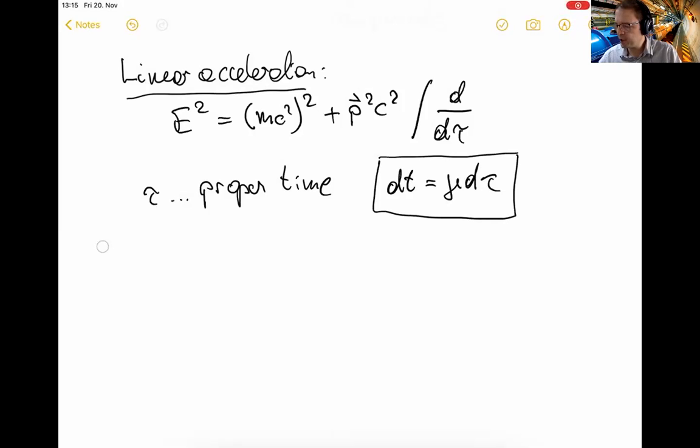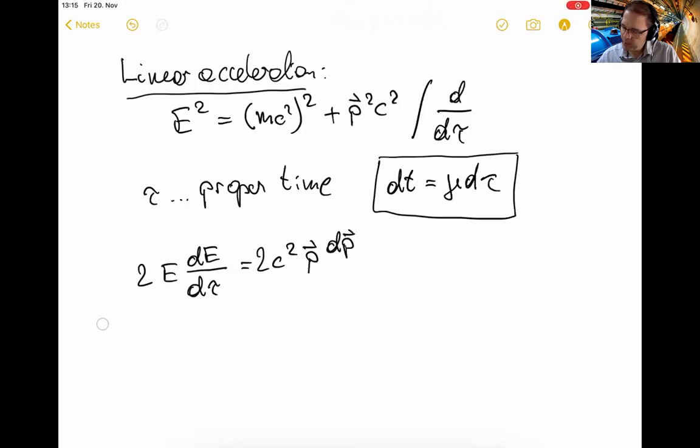So we differentiate, we find 2E dE with respect to d tau equals, well, the mass term is the rest mass, it's constant, so we find a factor 2 here, 2 times c squared times p dp with respect to d tau.